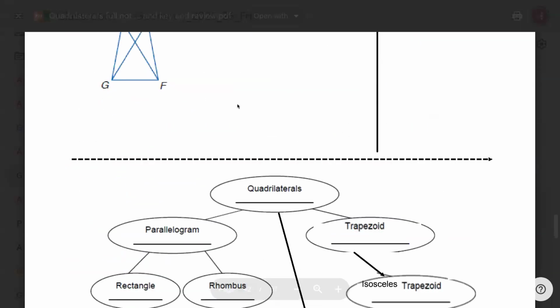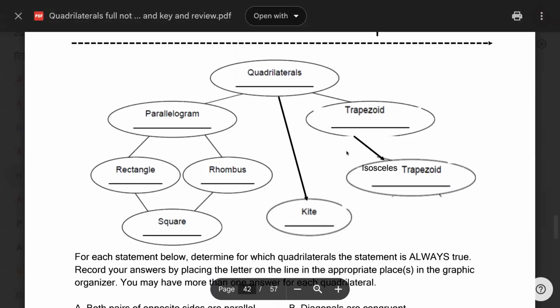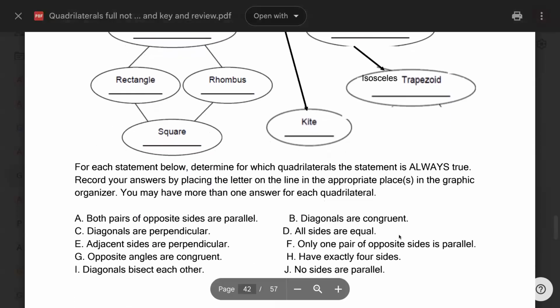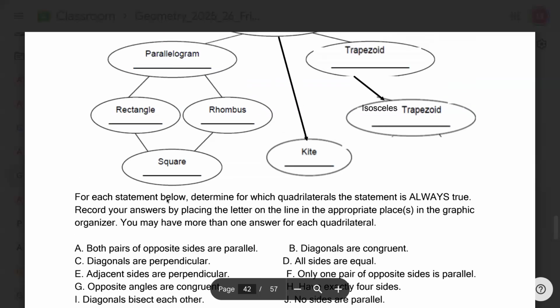When you go down, I really want you to fill this. Please sit and fill this based on A, B, C, D, E, F, G, H, I given here. It's so confusing, but it is worth doing. Once you fill in what properties a parallelogram satisfies, A, B, C, D, all that, putting the letters in here, you'll be very clear with the properties of quadrilaterals. This comes as a part of your homework.